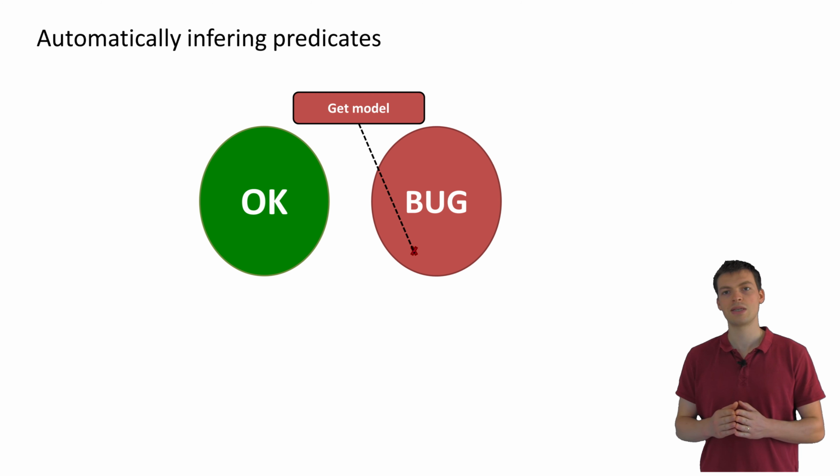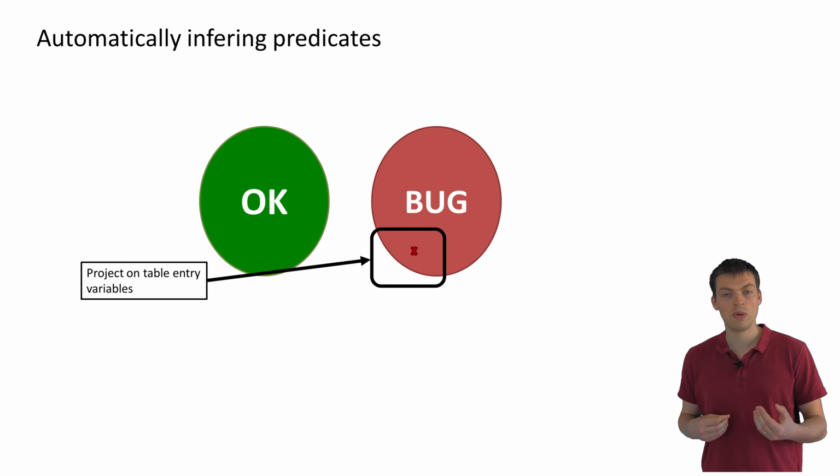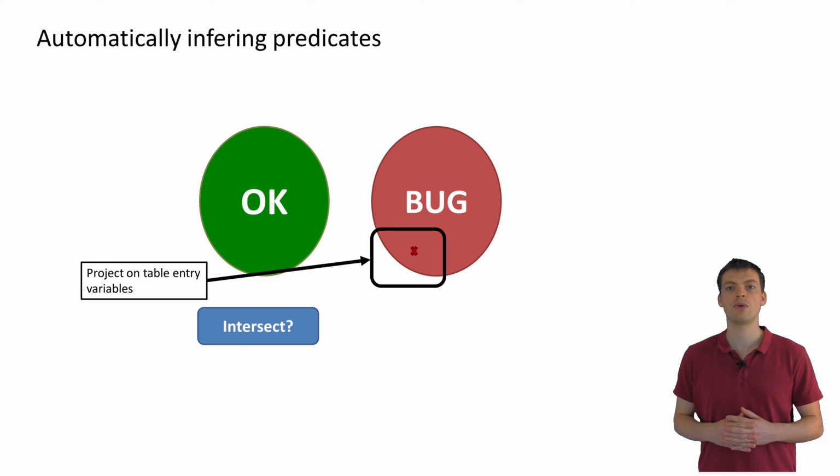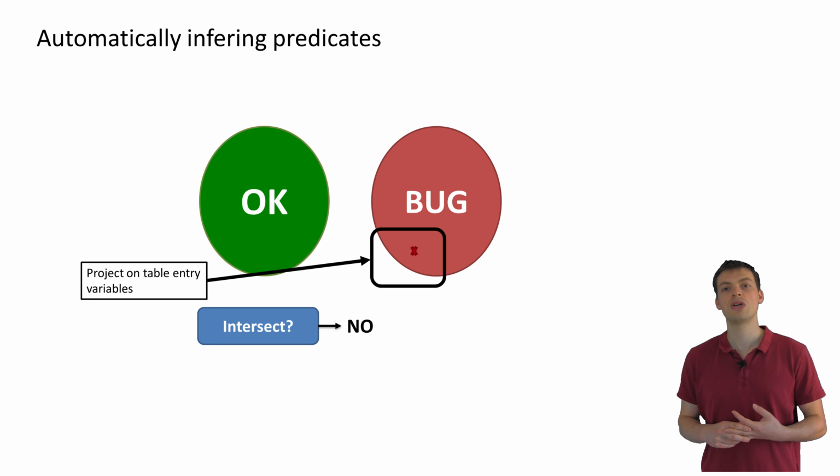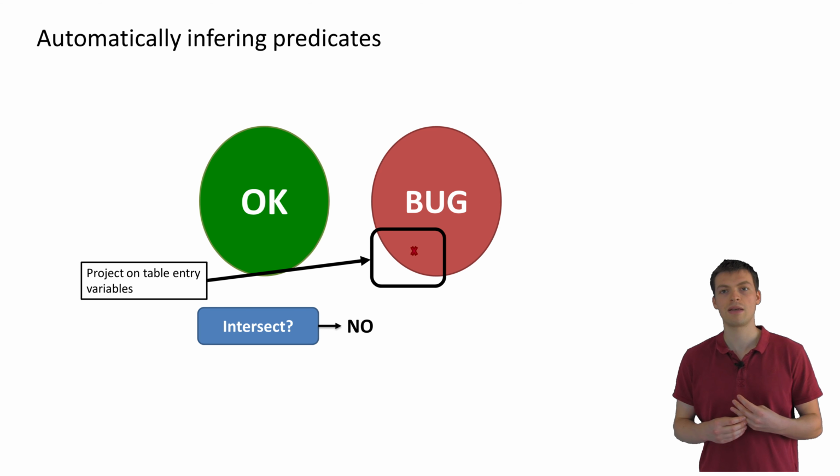The model contains all packet and table entry variables. Since we only care about table entry variables, we project away the packet variables and end up with a larger formula. We then check to see if this formula intersects the OK one. If it doesn't, then we could just keep this as a spec.